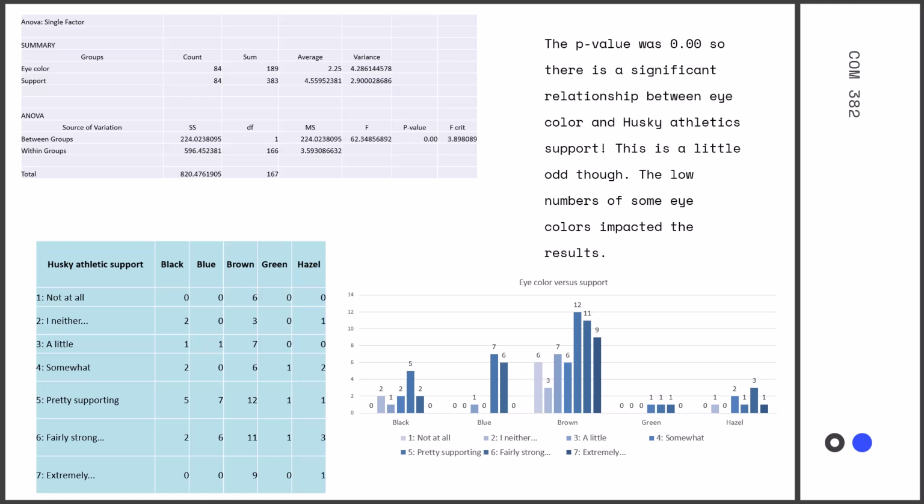You can see that eye color is a nominal variable that had more than three categories, in this case five. And the continuous measure is a pseudo-continuous measure of support for Husky athletics. So again, a t-test is two, like soccer, yes or no. ANOVA is three or more, and this is different kinds of eye color.